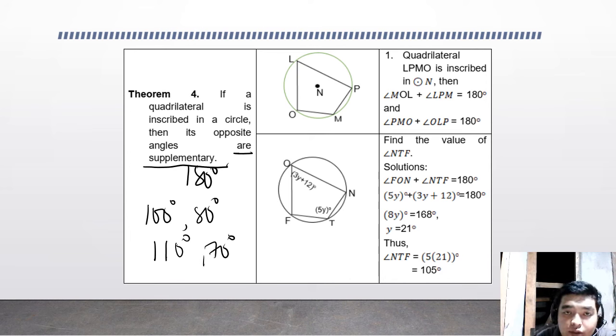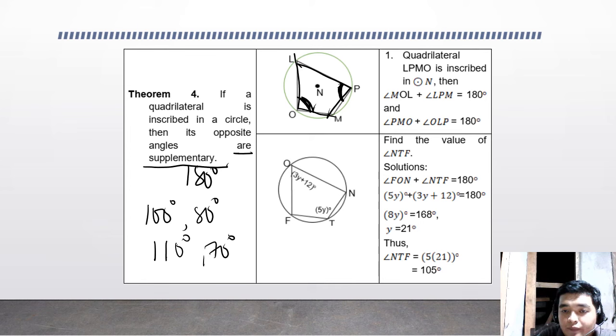So, if a quadrilateral, a four-sided polygon, is inscribed in a circle, meaning it's inside the circle, then its opposite angles are supplementary. We have quadrilateral LPMO inscribed in circle N. Then angle MOL plus angle LPM are supplementary, as they are opposite; if you add this angle plus this angle, it is equal to 180.